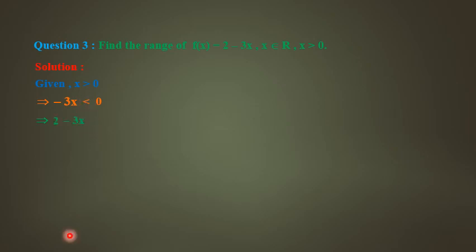Next one, 2 minus 3x is less than 2, because just add 2 on both sides. And the next one, you get f of x is less than 2. So therefore the range is always less than 2. Remember, x positive and less than 2, hence we can say range is minus infinity to 2. That is, all the values less than 2 is what they are talking about.